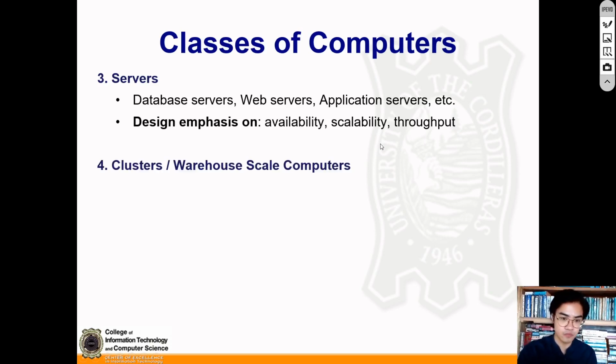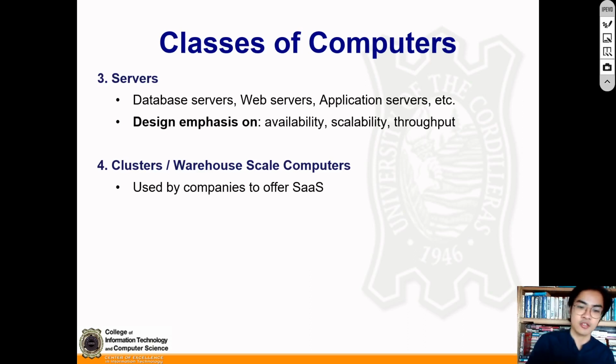And then we have clusters or warehouse scale computers. These are warehouses full of common computers to provide services through the cloud. They're used by companies to offer software as a service. These are your subscription services, subscription software.